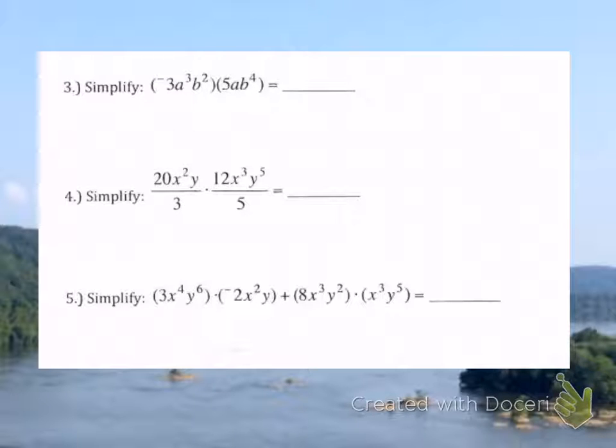I have so many factors here, and I have division involved in the problem. I'm going to try to cancel some factors out by reducing fractions. So I'm going to divide my denominator by 3, that gives me a factor of 1, and my numerator by 3, and that gives me 4. So I'm kind of canceling there.